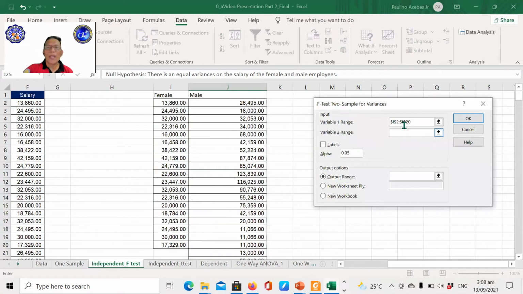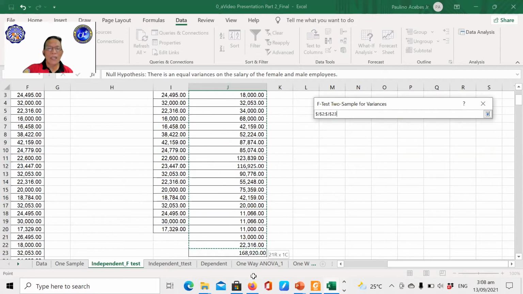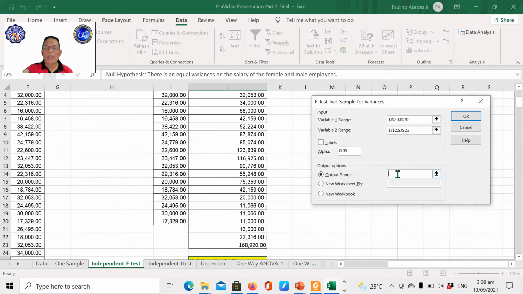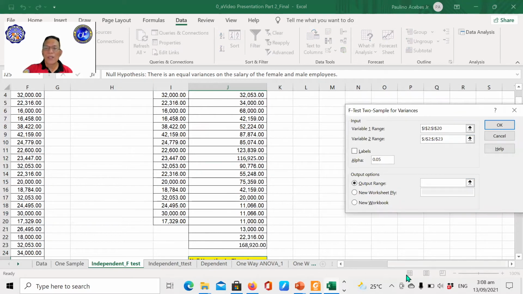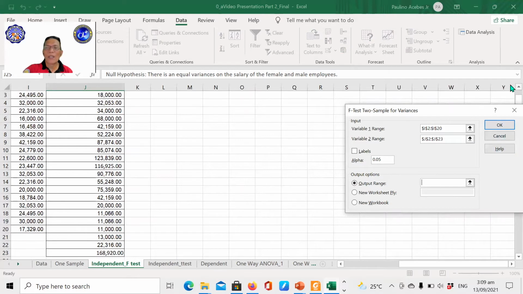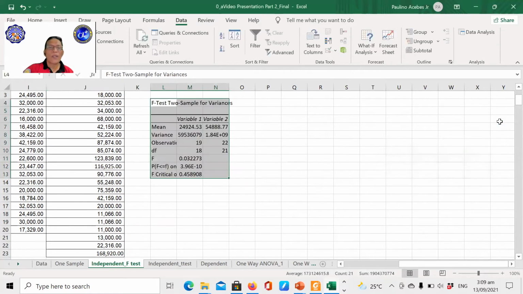Then click for the range for variable 2, which is the male, then click these salaries. And then you click the output range. Let's say we want to have our output here. Then click OK.